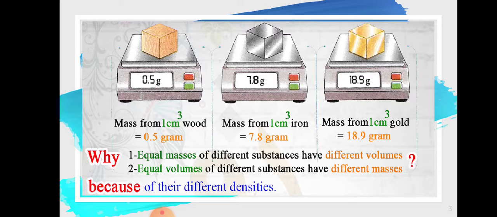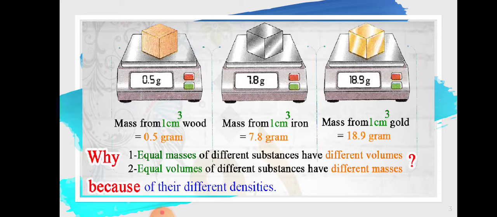If we calculate their masses, we will observe that they have different masses. So, equal volumes of different substances have different masses, and also equal masses of different substances have different volumes.